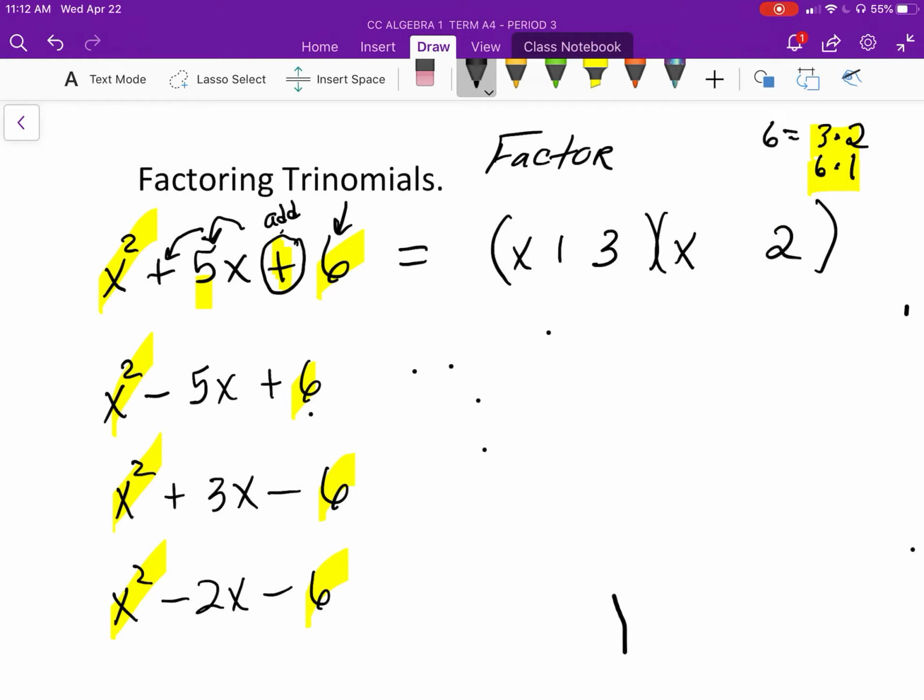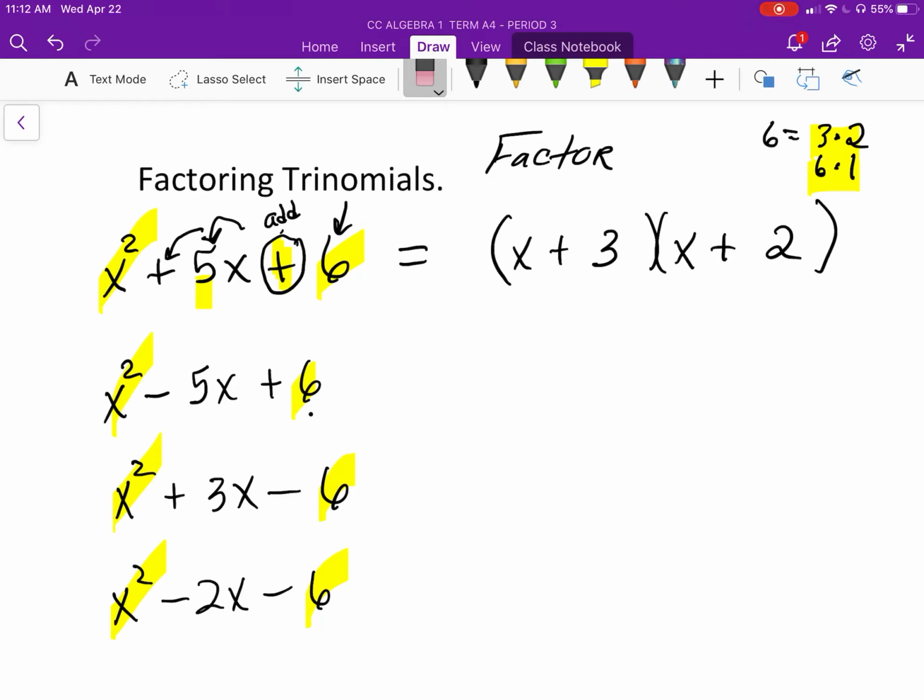And since we're adding, we really don't need to care about the order that we put them, just as long as they have the correct signs and they both have the same sign. So if we had multiplied this whole thing out like we did in the previous video, you would remember that x times x is x squared.